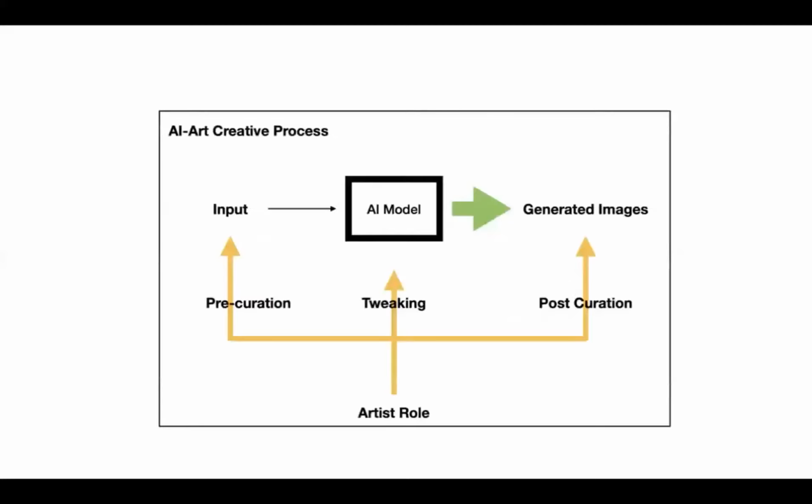So to dig deeper, if you look at the artistic process in using AI in making any art, what is the artist's role? So we have an AI model in the middle here, and the artists put in some inputs and tweak the model, generate lots of images, and do some sort of post-curation. So the artist's role is involved in this process from beginning to end. However, that depends on what kind of model you are using.